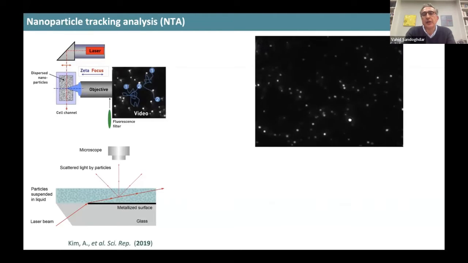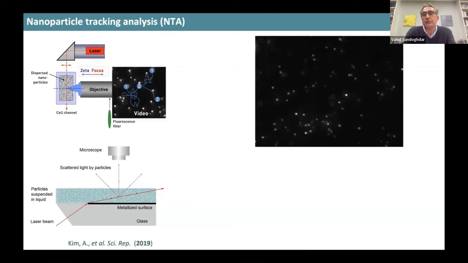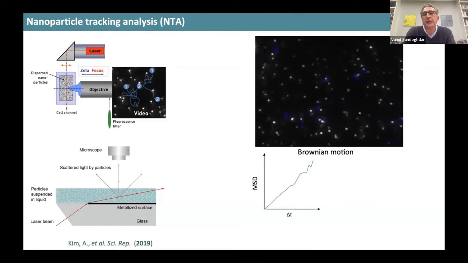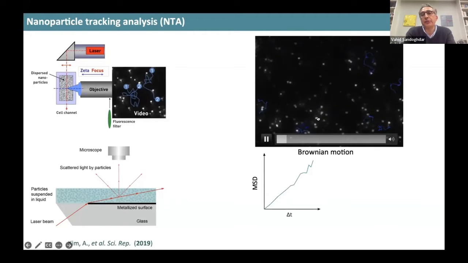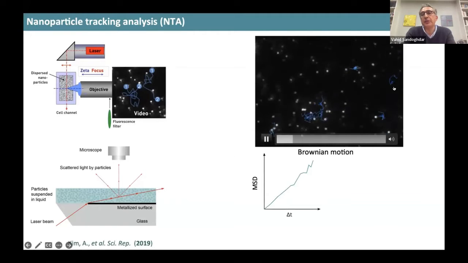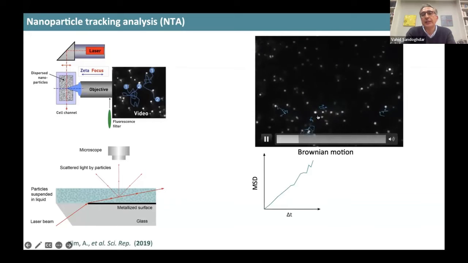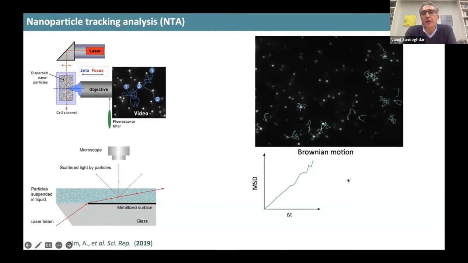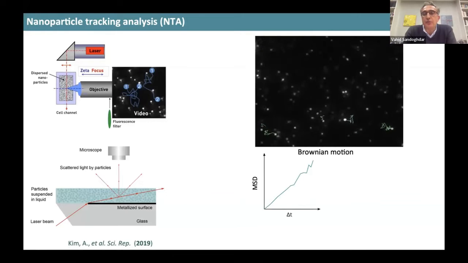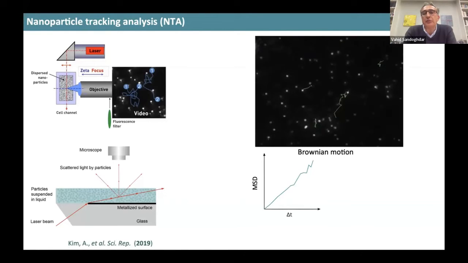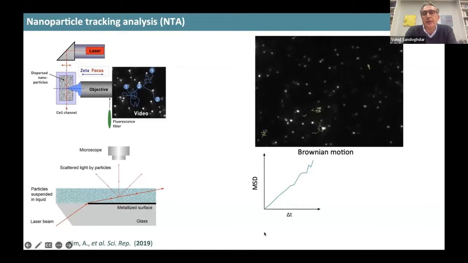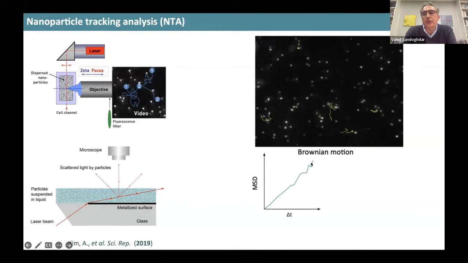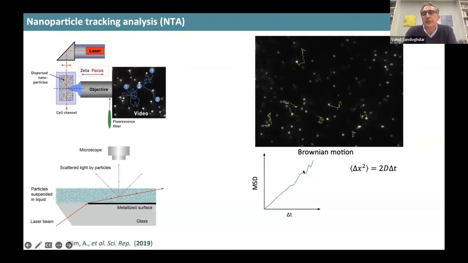And now, because you look at individual particles, you can track them, chase them, and as you see here, the individual trajectories can be recorded. And once you have a trajectory, you can find a mean square displacement of these particles and look at that as a function of time or delay, and you get a curve that you can fit.